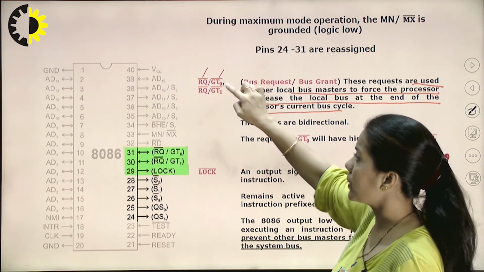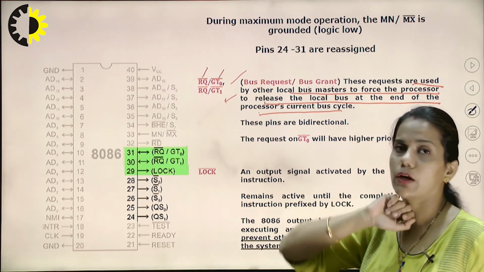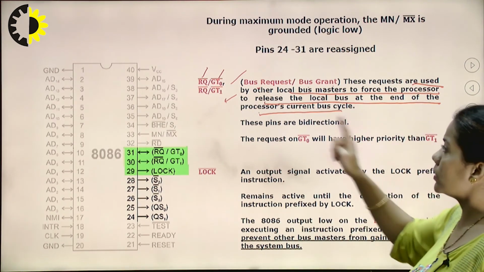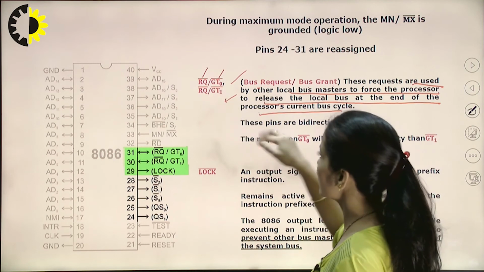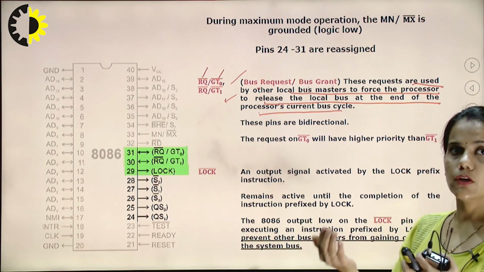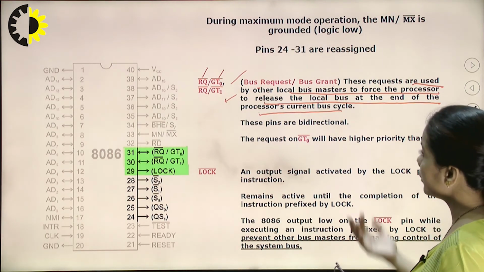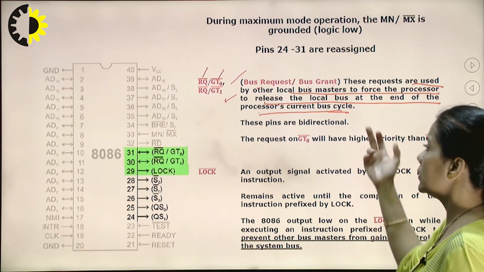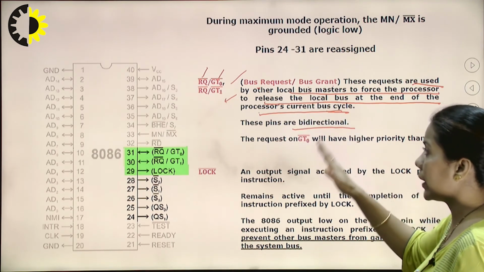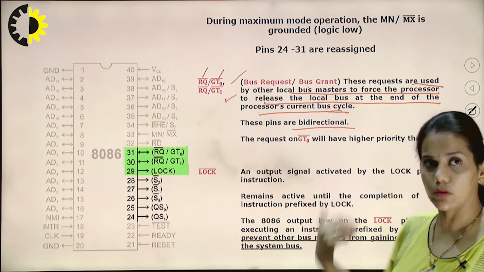Suppose one master is connected to RQ/GT0 and another master is connected to RQ/GT1. Through both lines, some other masters have sent the request for the local bus to the processor, and at the end of the processor's current bus cycle these signals are sampled. These pins are bidirectional, so the request is sent through these lines and also acknowledged through these lines.